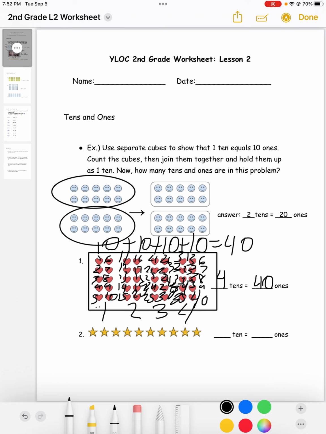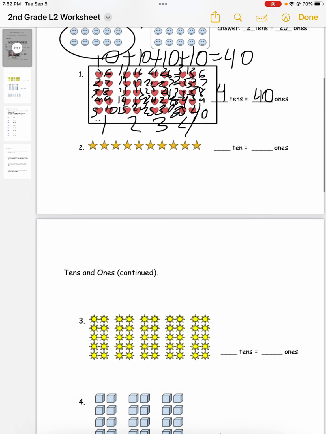It does take a long time, but it works either way. Just doing 10 plus 10 plus 10, 4 times, is easier and faster, but it's up to you.